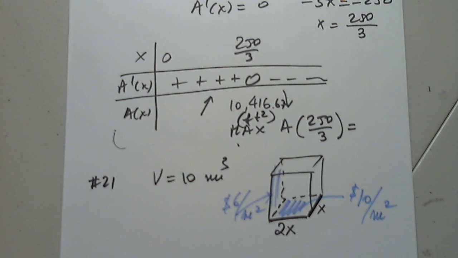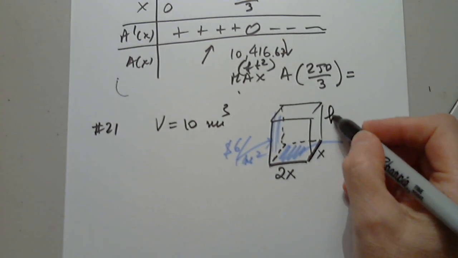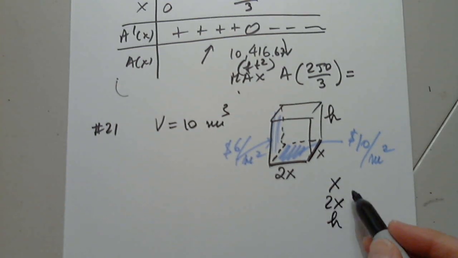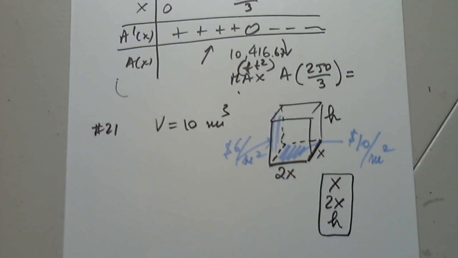Find the cost of materials for the least expensive such container. What does that mean? Least expensive such container. What are we asked to find? So the dimensions, so there is a height, of course. So they're asking us to find x, 2x, and the height for the least expensive container.